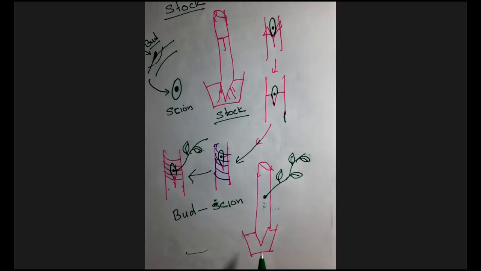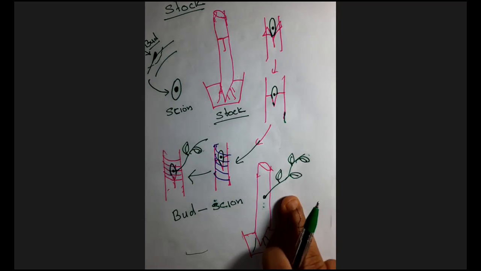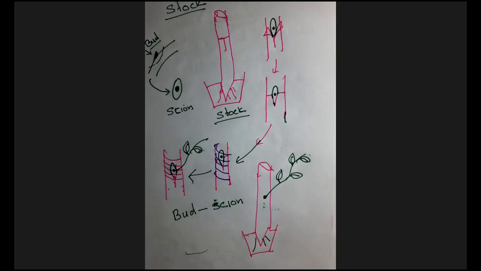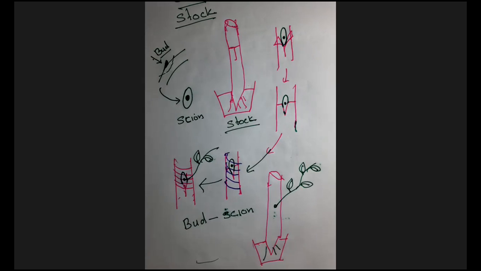So the pink color plant belongs to one plant, and the green color one belongs to another plant. So you are joining two plants together. This is what we call bud grafting. Hope you understood bud grafting.